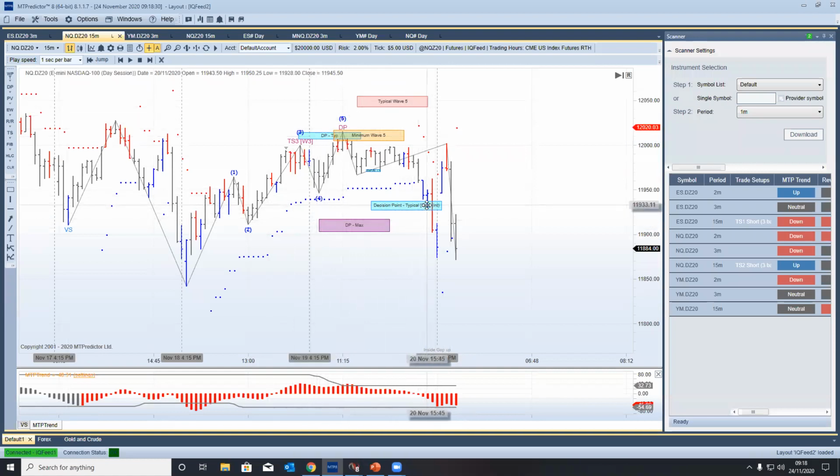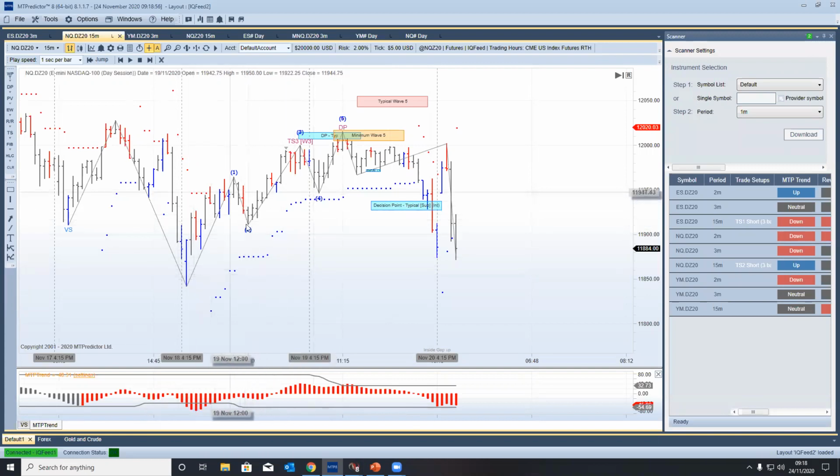But if the DP, this one here, we're not using the maximum, just the typical, from the prior wave 4 is breached, where do we then tend to look for support? Come on, guys, you should all know this because I've been over this quite a few times over the years. It then looks to retrace the entire prior 5-wave sequence.